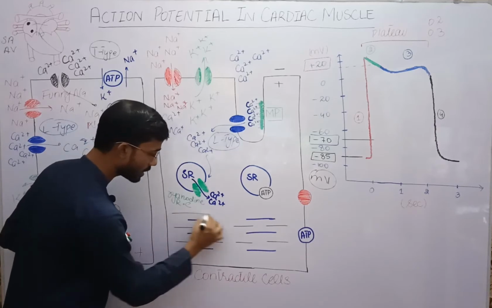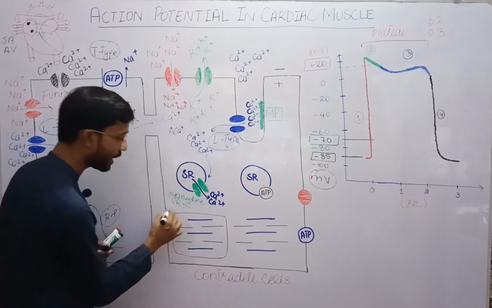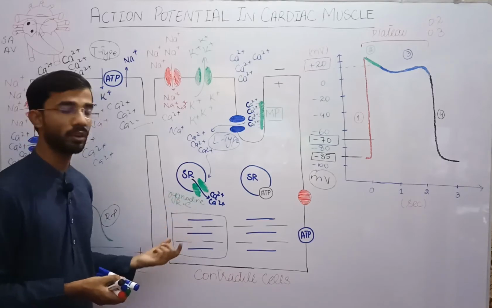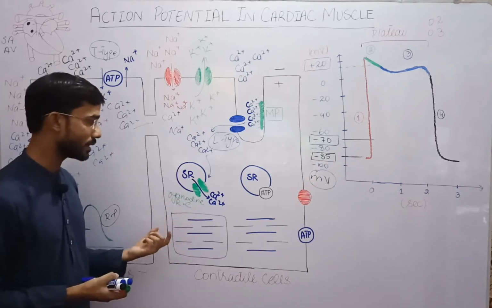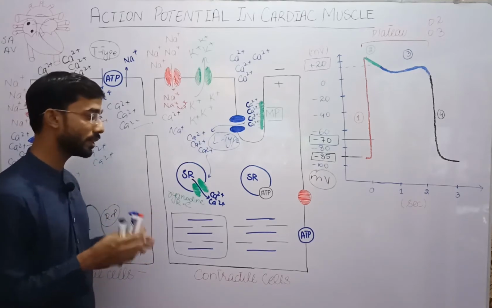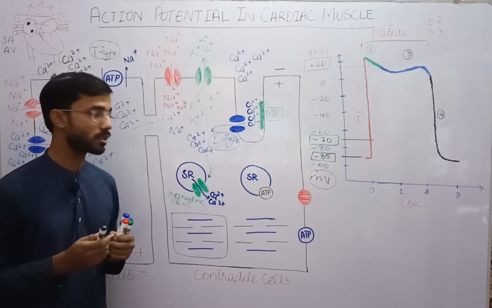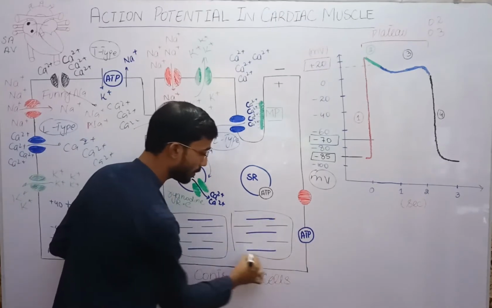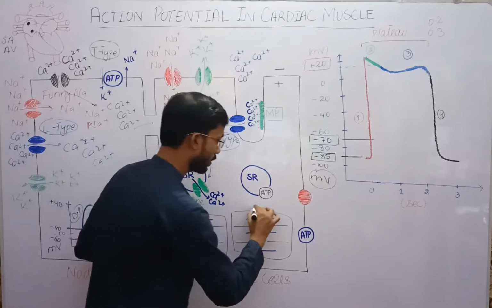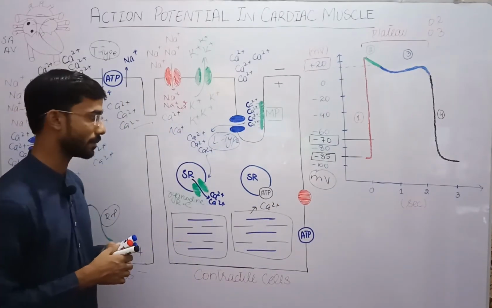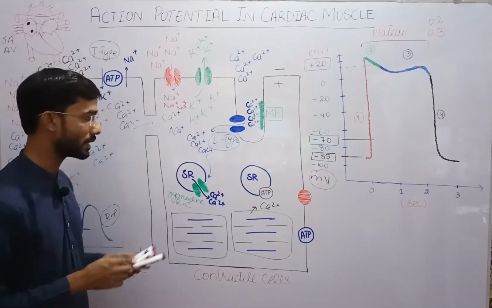Here you can see the actin and myosin filaments, and these use calcium for the contraction of the cells. Actually, this is the sliding filament model due to which the cell or muscle contracts. After usage of the calcium, it moves into the cytoplasm, detached from the filaments.